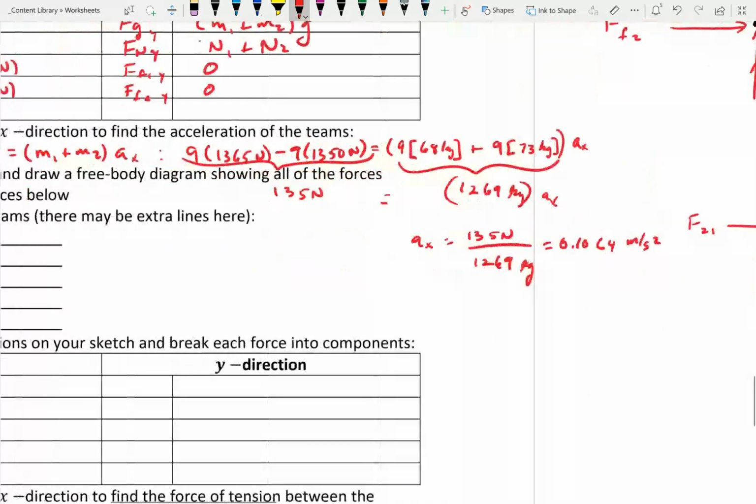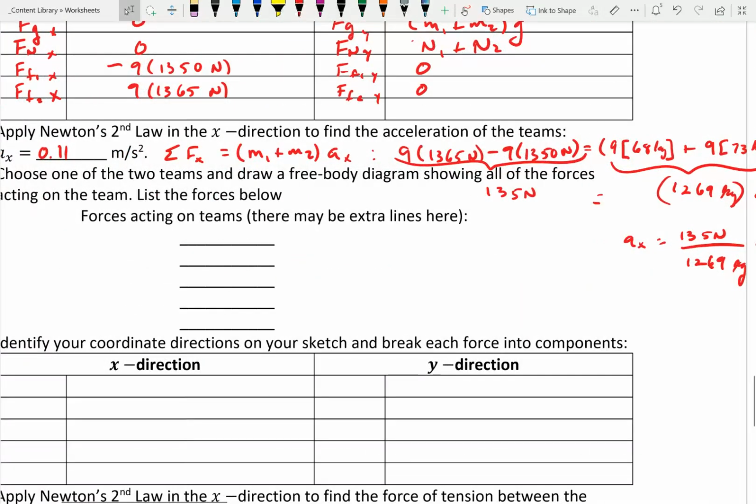So now I'm going to put those forces in here. So I'm going to have my gravity, Fg1, my normal, Fn1, my force of friction 1, and the force of team 2 on 1.